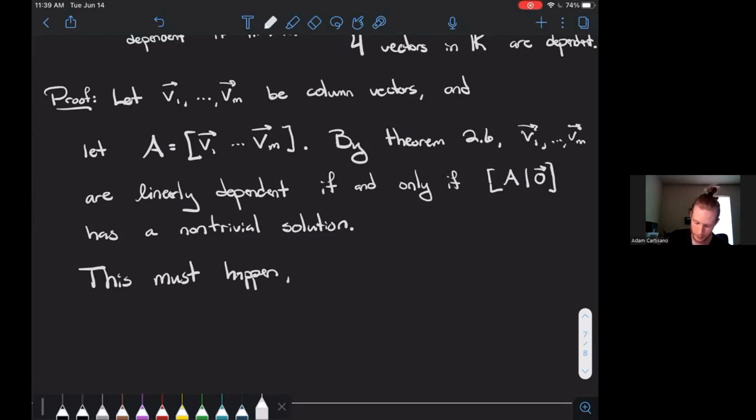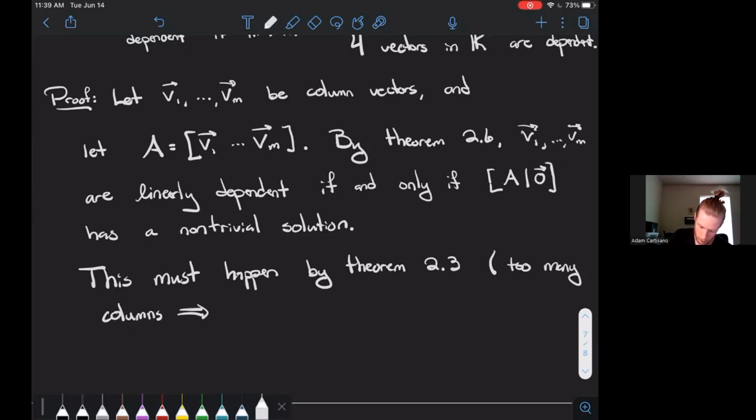This must happen by theorem 2.3. Too many columns. So we have at least one free variable.